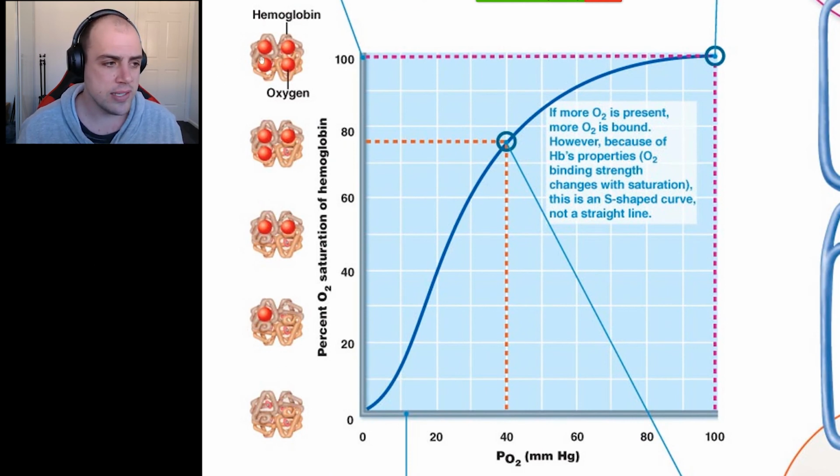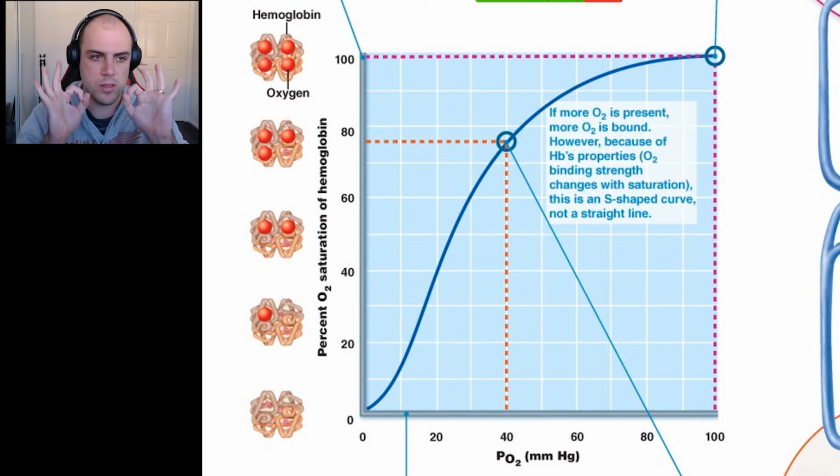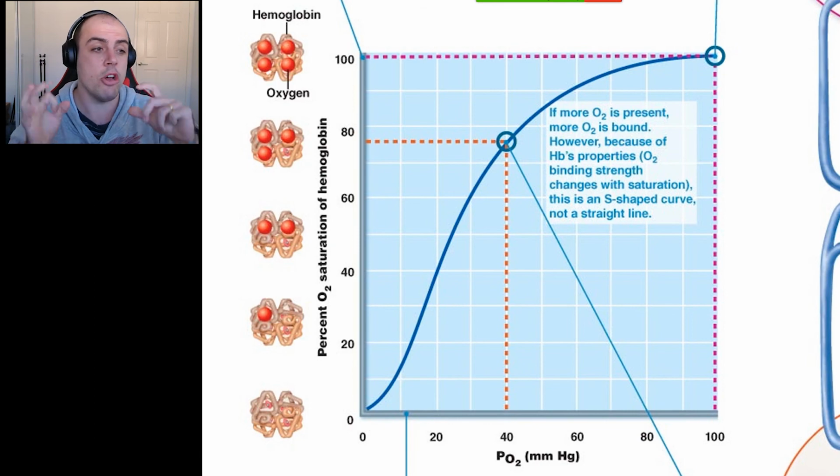How does it do this? It moves to the lungs because there is a higher partial pressure of oxygen in the alveoli, which means you're basically forcing oxygen molecules onto this hemoglobin and making it oxygenated. Okay? So now it's in its R state, and it's got that good binding affinity of oxygen to hemoglobin.